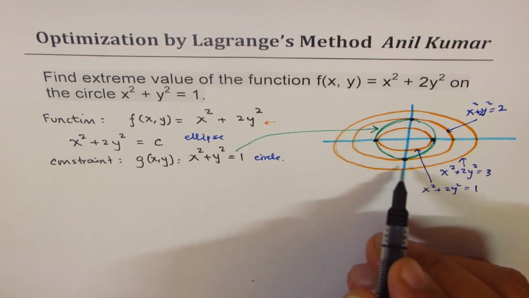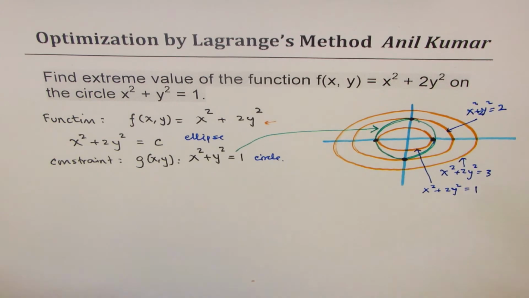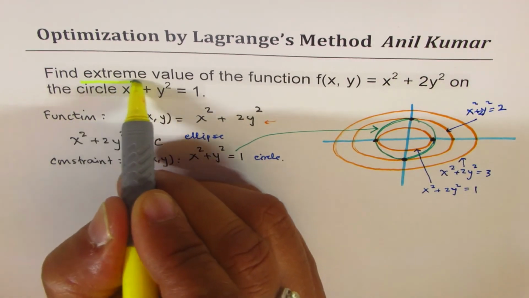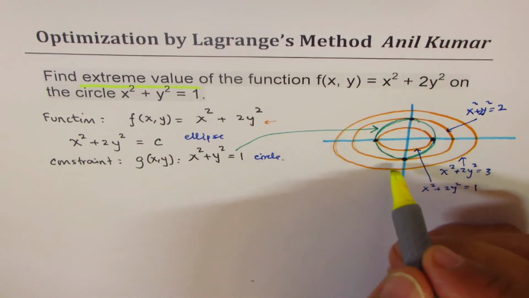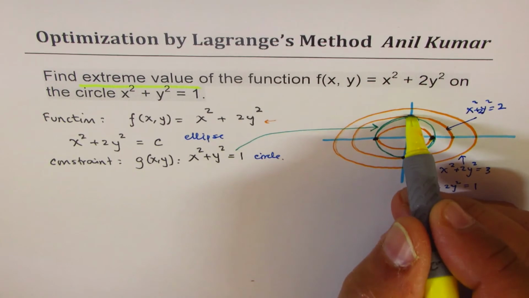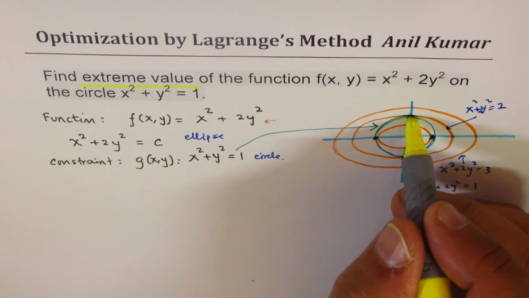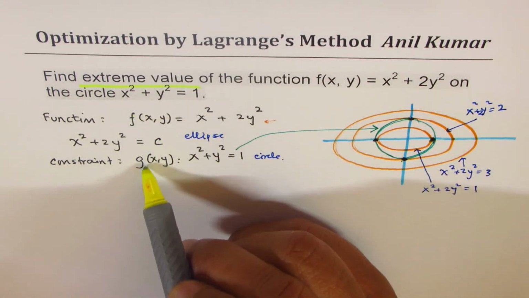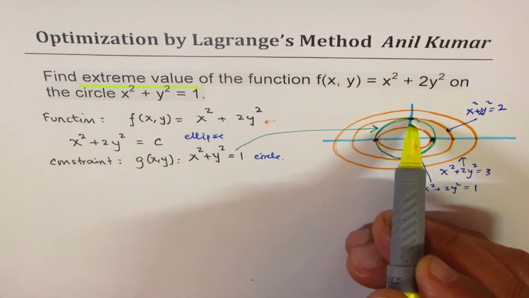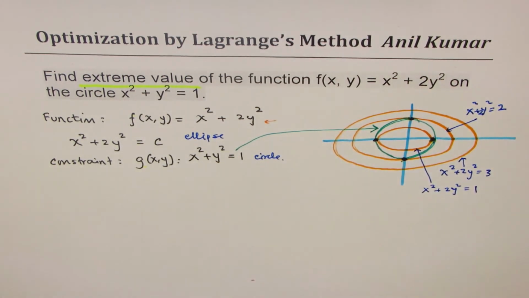So those are the values which belong to the solution of the problem. We just find the extreme values. At these points, the normals to the curve of the function and the constraint are parallel, correct? Or you can say that they are scalar multiples. Do you get an idea?